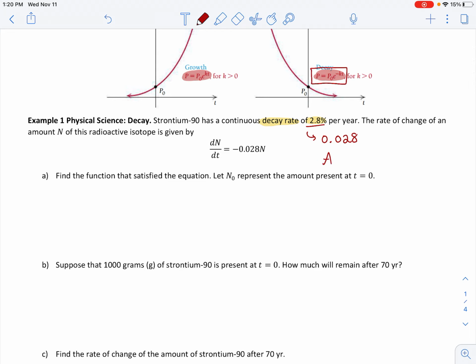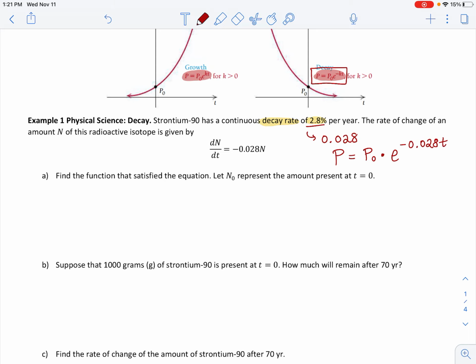So if we are writing this equation, strontium is going to have, let me use P for the ending amount, however much we started with, times e raised to the negative 0.028t. That will be the equation using our continuous compounding function.